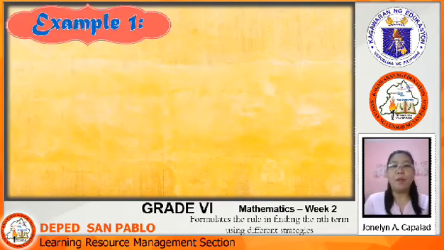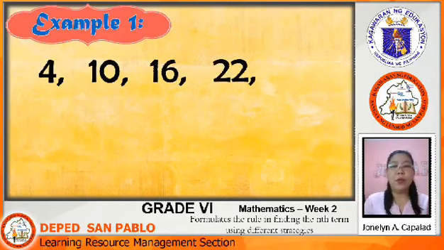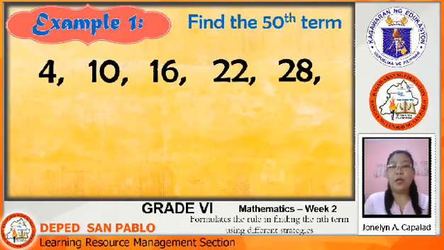Let's have an example. Example 1. We have the numbers 4, 10, 16, 22, and 28. And the instruction is, we need to find the 50th term.